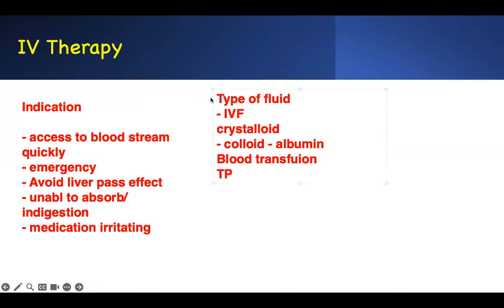We can also use it for TPN, total parenteral nutrition, which is nutrient entry outside the GI tract. The patient is getting all their nutrition through IV. So those are the key types of fluid we use.